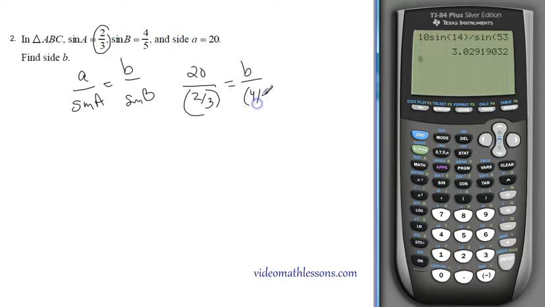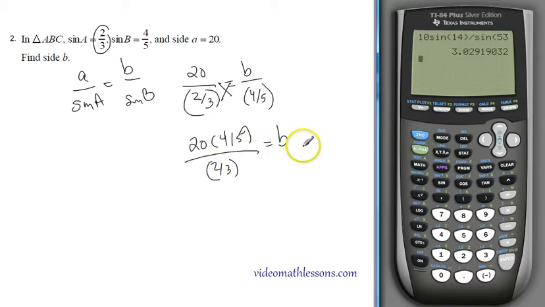The ones with the fractional parts, these are the ones that people generally don't like. We're going to crisscross multiply. You do whatever you've got to do. Eventually, you'll come up to 20 times 4/5 divided by 2/3 equals B. You're going to move things around, and eventually you'll get to the spot.